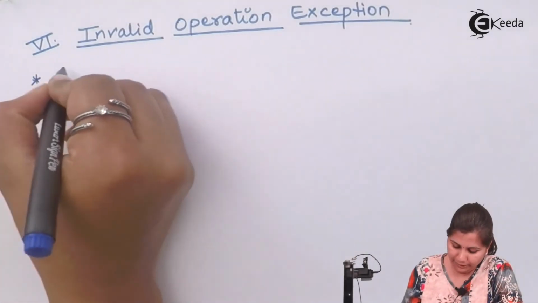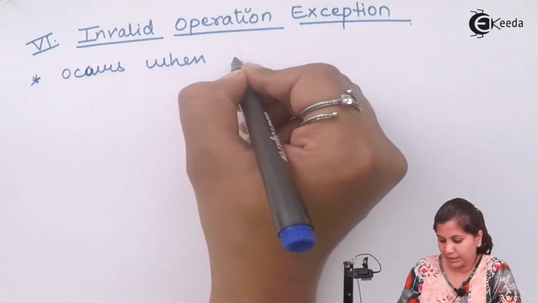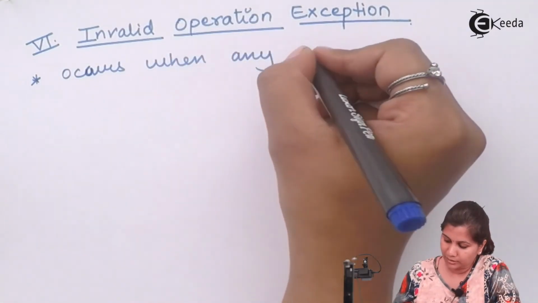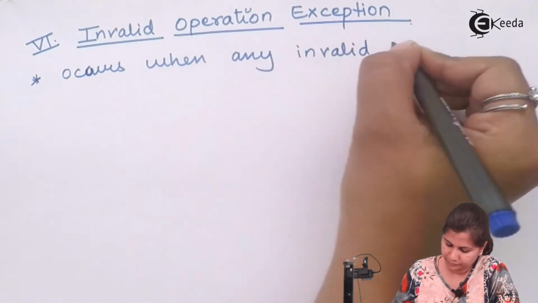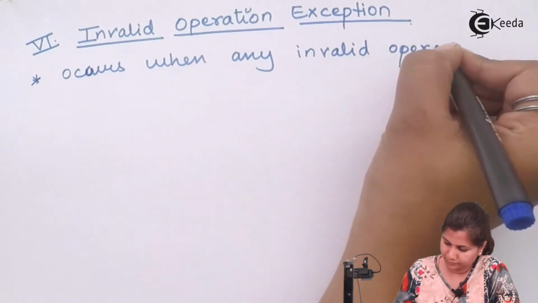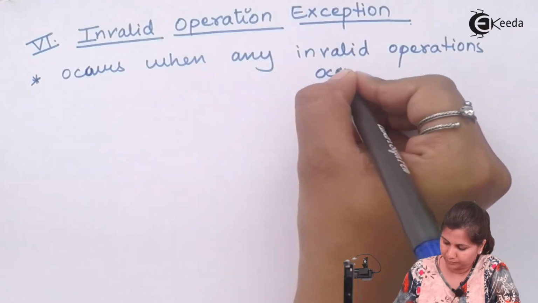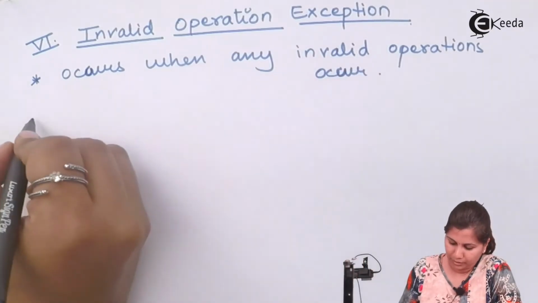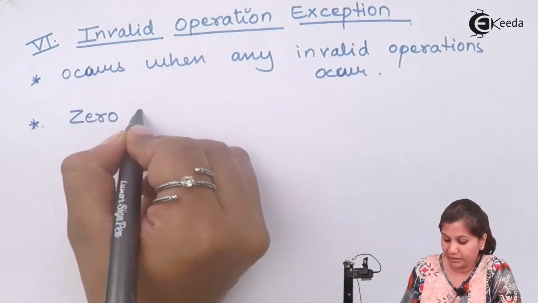So it occurs when any invalid operation is done. Like for example, 0 divided by 0.